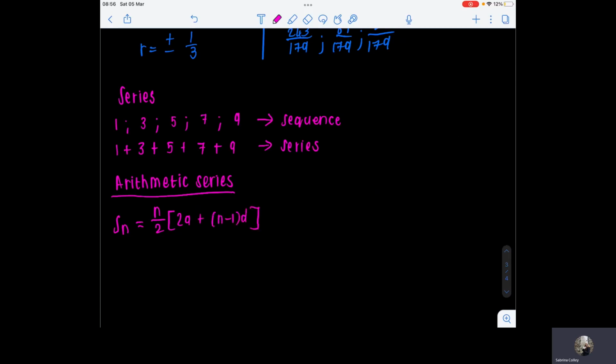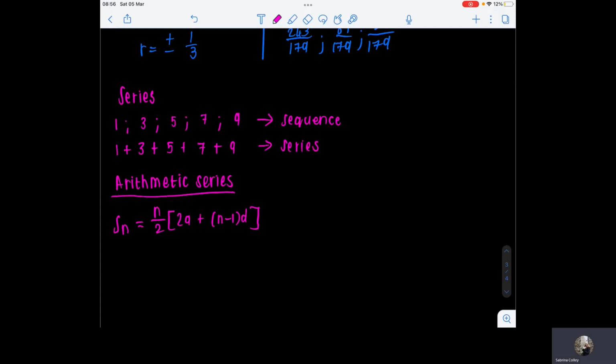So this is the formula if we want the result. If I want 1 plus 3 plus 5 plus 7 plus 9, what is the answer for that? I can use this formula if I know the formula of this arithmetic series, because it can go up into a really large number.